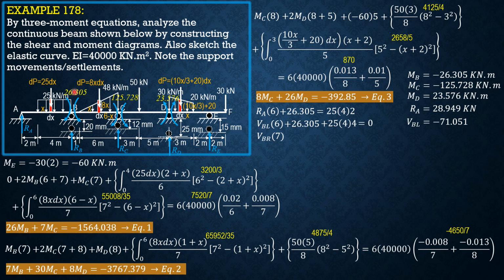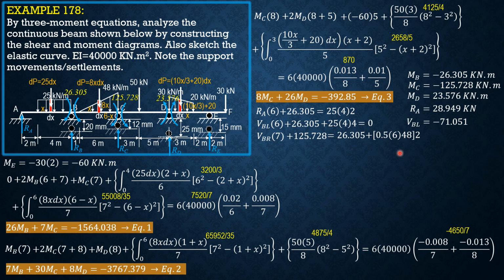Then consider BC. Shear at B just to the right is positive upward. So summation of moments about C equals 0. Shear at B just to the right times 7 plus 125.728 equals 26.305 plus the moment of the load, 0.5 of 6 times 48 times 2. The moment arm is 2, 1/3 of 6.